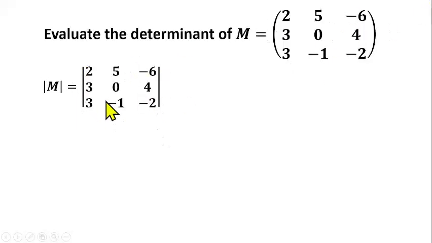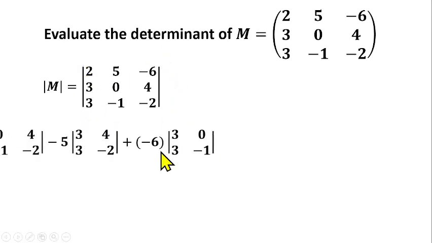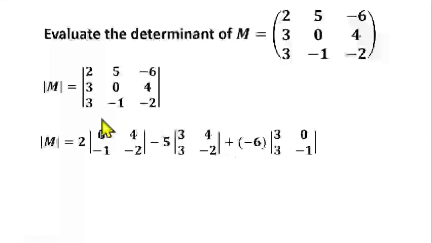Then you put the elements of the matrix there. Then the next thing to do is to use the elements of the first row with their positional sign, then reduce this matrix to a 2 by 2 matrix. So if you do that, we'll have something like this. And this is how you're supposed to do it in the first place.